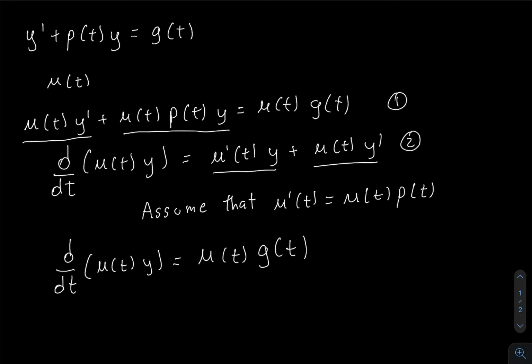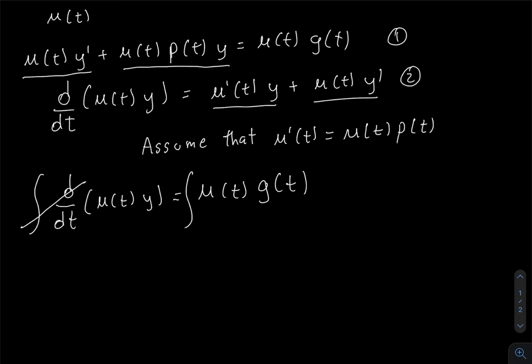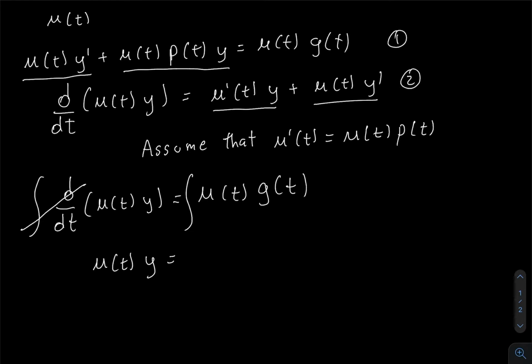Okay, so from here we can see that this is easy to solve. We can just apply integration on both sides, and then this will be canceled, and then we will get mu of t y equal to the integral of mu of t g of t dt plus c.